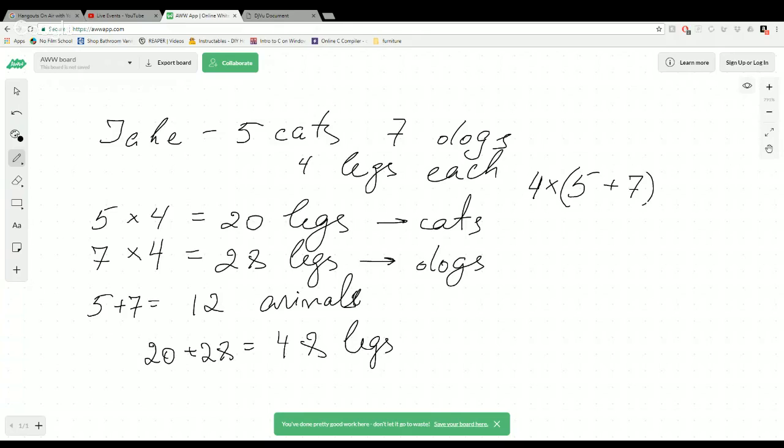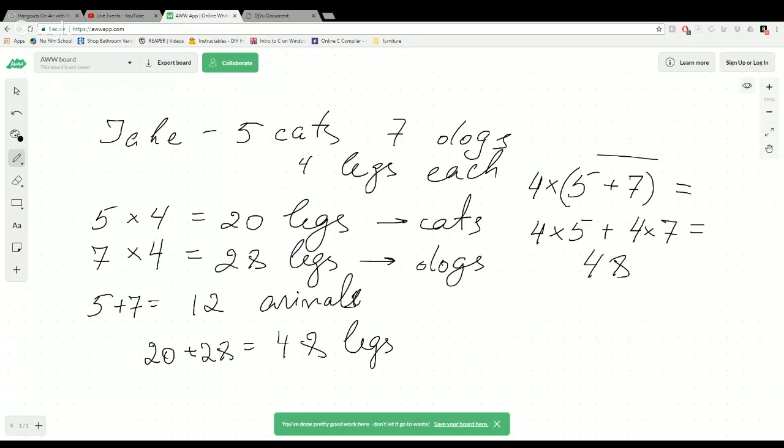And this is, of course, 48. 5 plus 7 is 12, and 12 times 4 is 48. But you could have counted the same thing by saying, I have 5 cats, that's 4 legs per cat, plus 7 dogs, and that's 4 legs per dog. And you will get the same thing, which is 48.